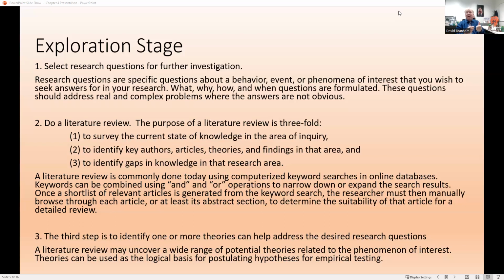The third step is to identify one or more theories that can help address the desired research questions. A literature review may uncover a wide range of potential theories related to the phenomena of interest, may even uncover 2 or 3 different papers when you do that.